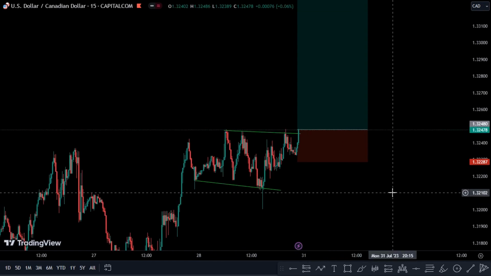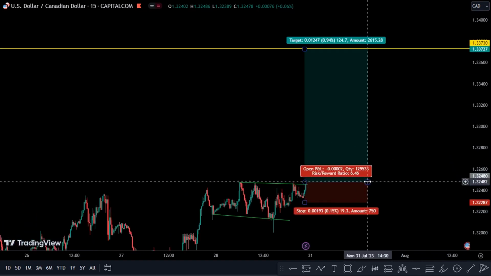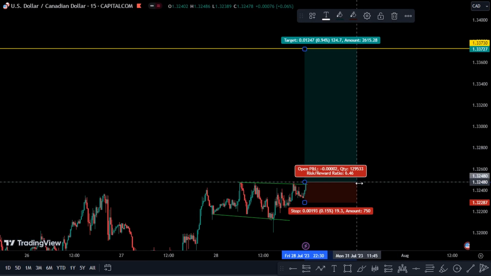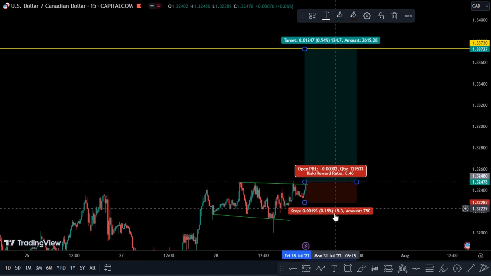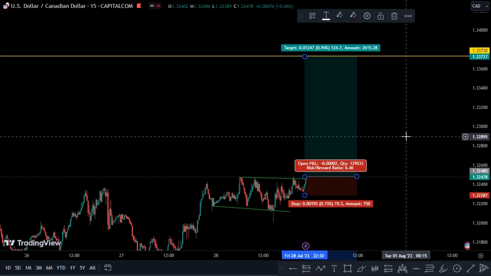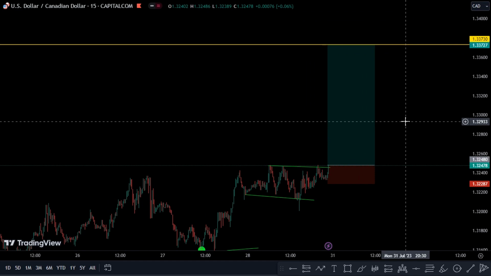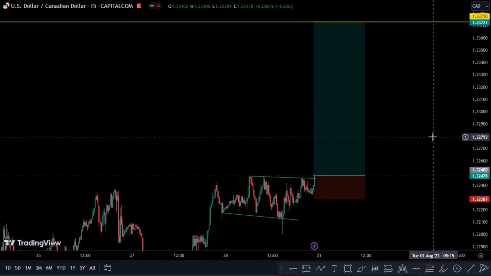Okay, so that is my analysis on USDCAD. And then you can clearly see we have a very beautiful risk to reward ratio, a 19.3 pips stop loss and 120 pips target. That is more than a 1:3 risk to reward ratio. So that is my anticipated analysis when it comes to USDCAD.